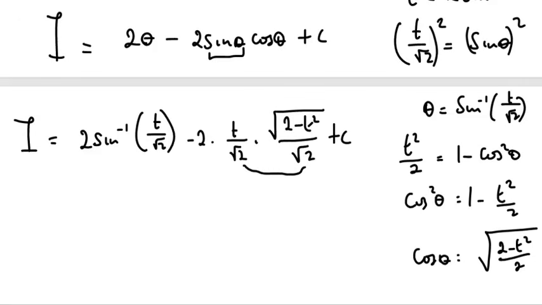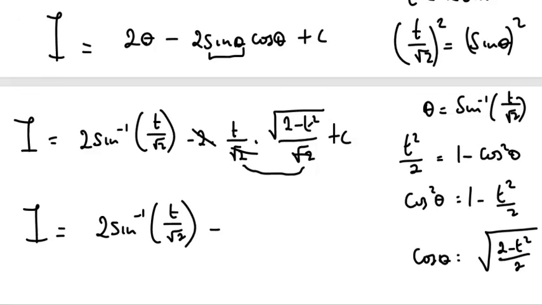Now here square root of 2 times square root of 2 is 2, and this gets cancelled with this, right? So we have I is equal to 2 inverse sine of t by root 2 minus t square root of 2 minus t squared plus c.